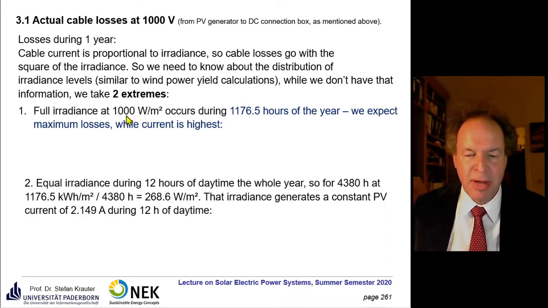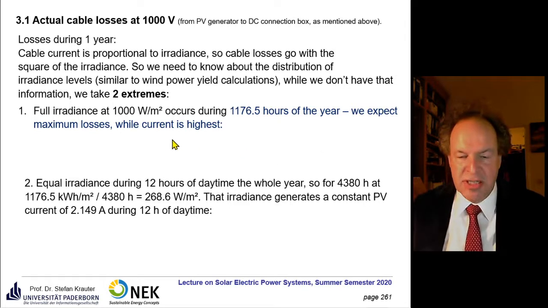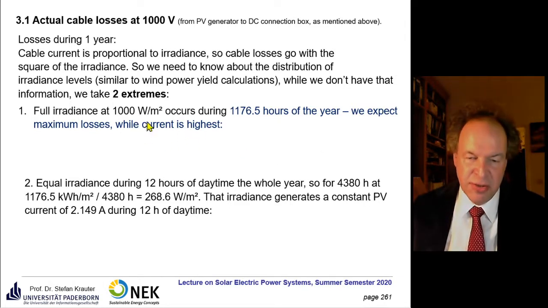That's the maximum irradiance we can achieve, and this occurs for 1176.5 hours during a year. So this multiplied gives our irradiance value of 1176.5 kilowatt hours per square meter per year. And so we expect here the maximum losses, while the current is highest for these conditions.